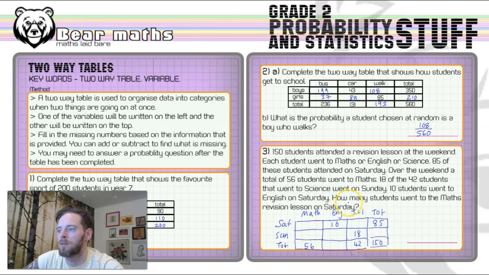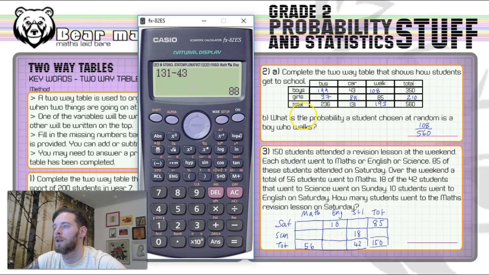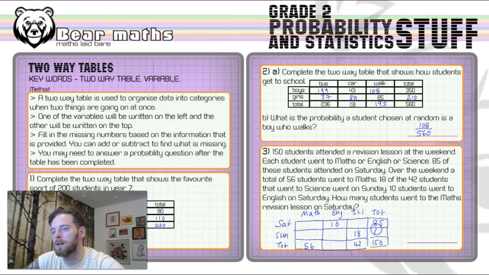How many students went to maths revision lessons on Saturday? So we just need to fill in the rest of the table to work this out. If we're going to do the same thing that we did before to work stuff out, 150 minus the 85 equals 65 here. Then we've got 42 take away 18.